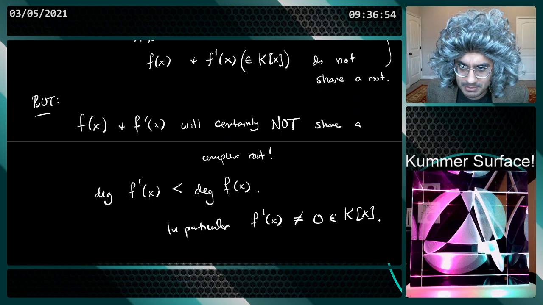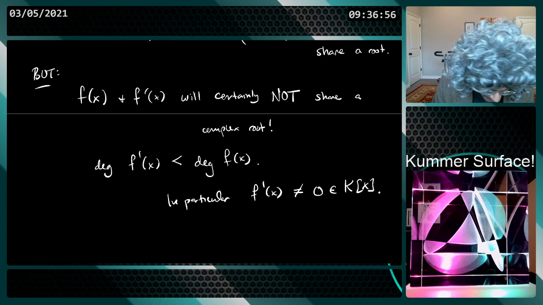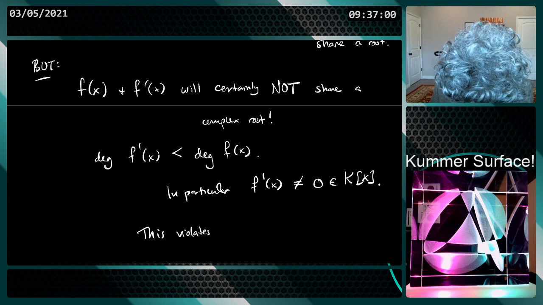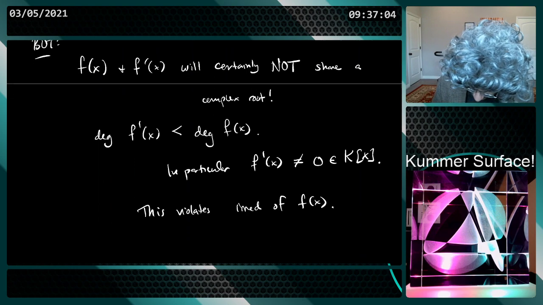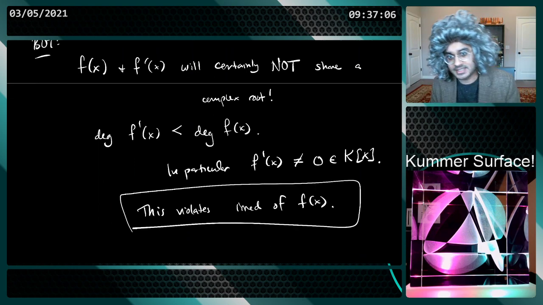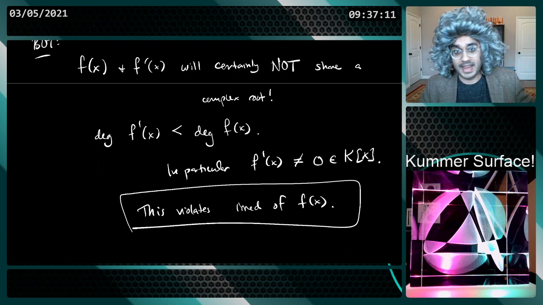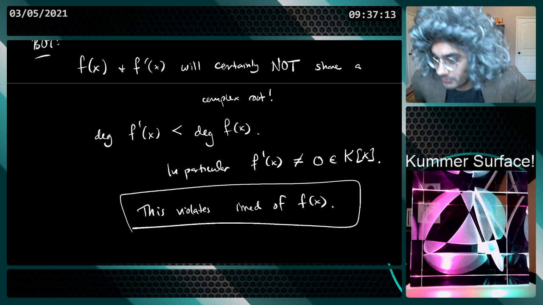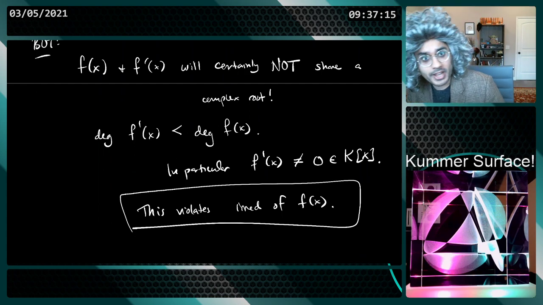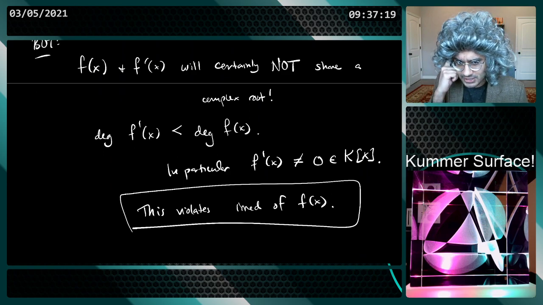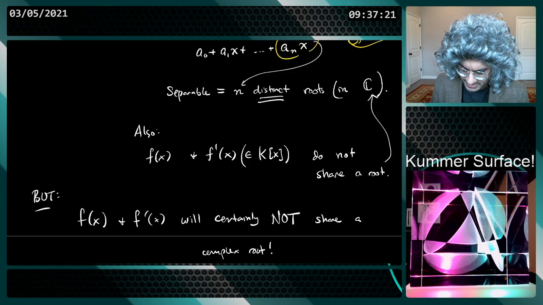That violates minimal polynomialness, so this violates irreducibility of f of x. f of x is a minimal polynomial for any one of its roots, all of them at once. So that's why in characteristic 0, separability doesn't play a role.